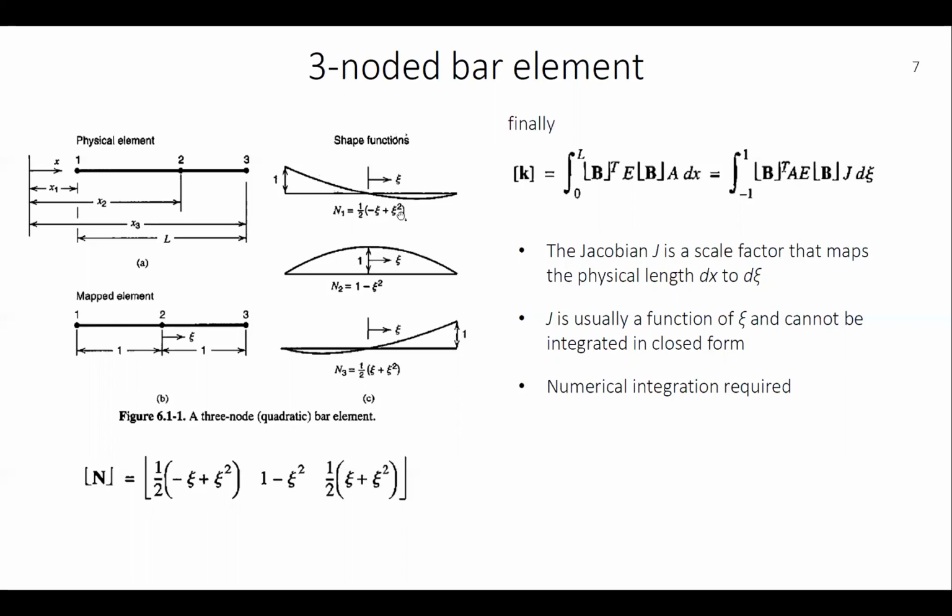So if you have higher order functions, you are likely to end up with some spurious displacement field in between there. Also, if you use the Lagrange approach in determining this, you will end up having this.